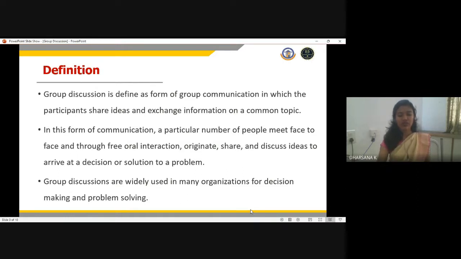So group discussions are widely used in many organizations for decision making and problem solving. These two things are the major criteria of group discussion, that is, decision making and problem solving.